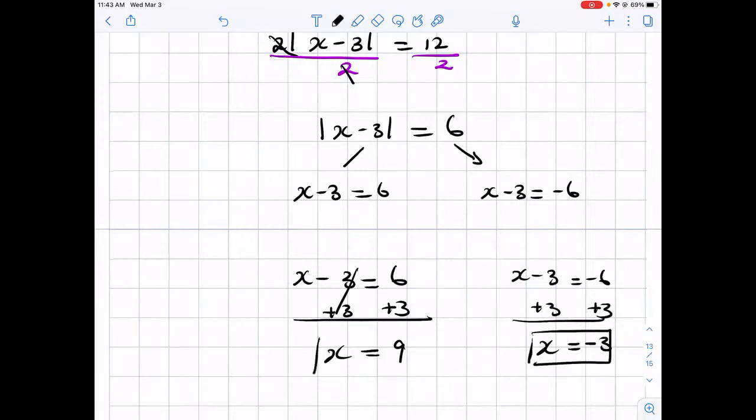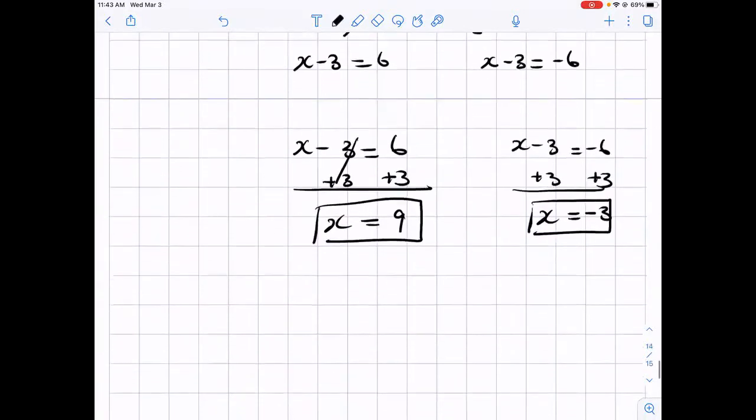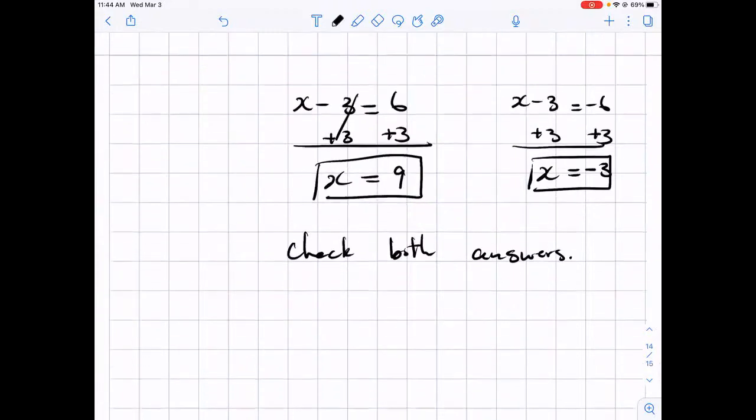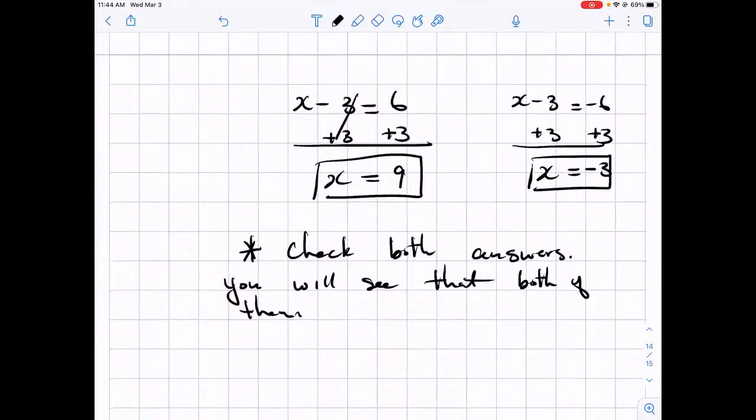And as always, check both answers. When you do this, you will see that both of them will work.